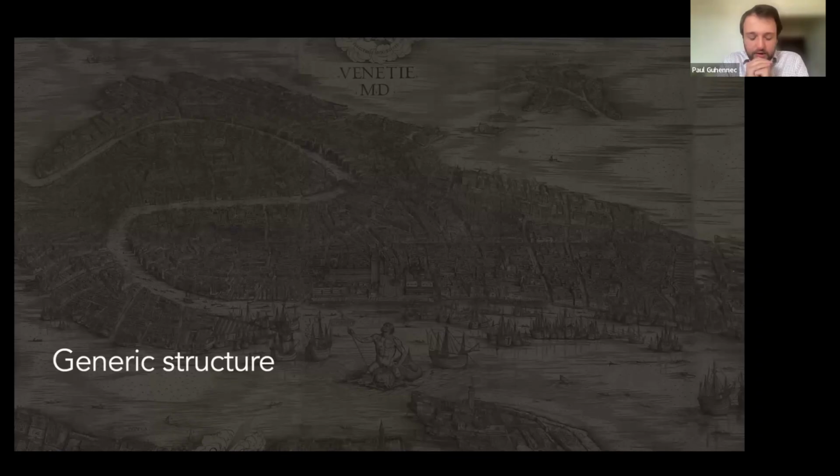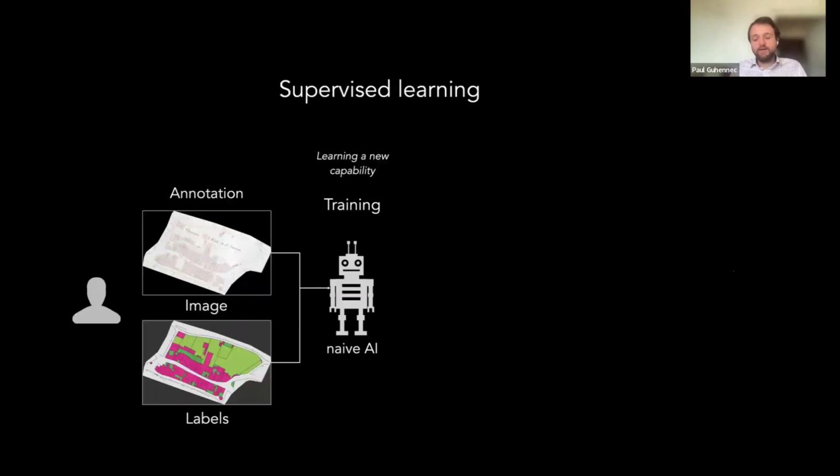I tried to design this series of lectures and courses with a generic structure in mind, something that each of you working with different archives might be interested in. The core idea that has been leveraged in every single case that you have seen so far, no matter if they talked about maps, cadasters, images, text, etc., is that of supervised learning.